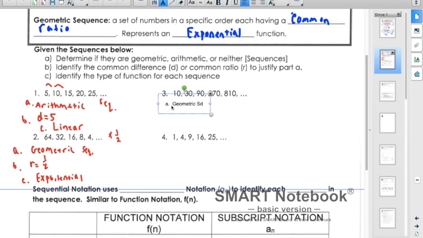If you don't want the answers yet, if you want to think about it, pause the video now, and you can try it yourself. Part B, that's a common ratio of 3. And part C, since it's a geometric sequence with a common ratio, that's an exponential function.